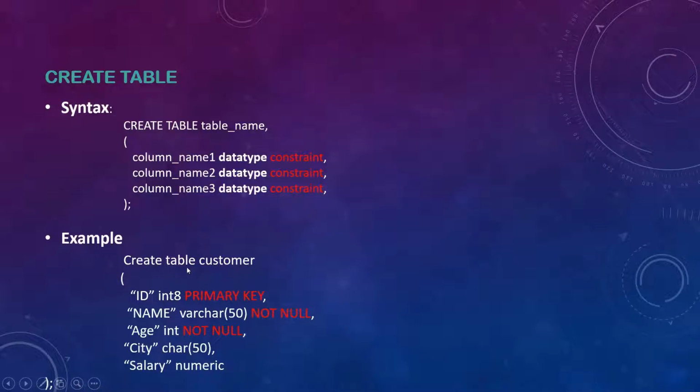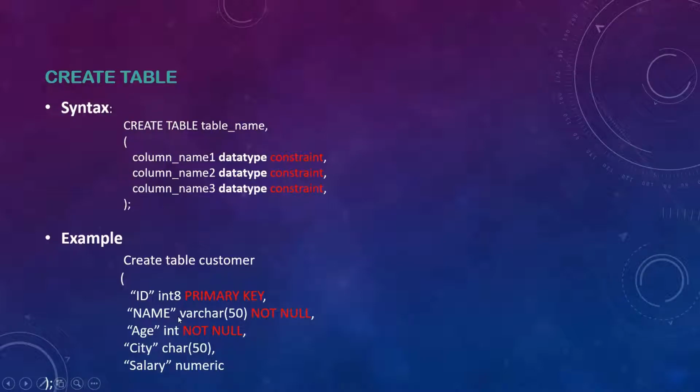Create a table customer. This is an example of making a new table which has the name customer, then ID, int 8, which means integer 8. ID is a numerical value, so that's why we have given the data type integer. It means up to 8 digits we can write for the ID number. Then primary key is a constraint. We need the ID column as a primary key column, and we need to mention that in our table, because ID should not be duplicate and not null.